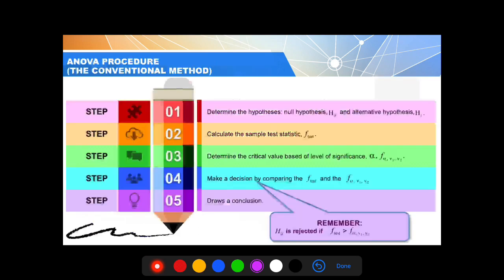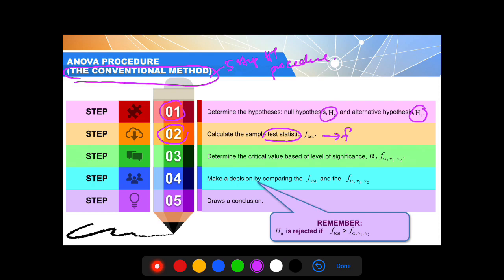So in ANOVA, there are two methods. First, we call it the conventional method, where we use the 5 steps of hypothesis testing procedure. Step number 1, your H null and H1. Step number 2 is the test statistic, and the test statistic used in ANOVA is the F test.